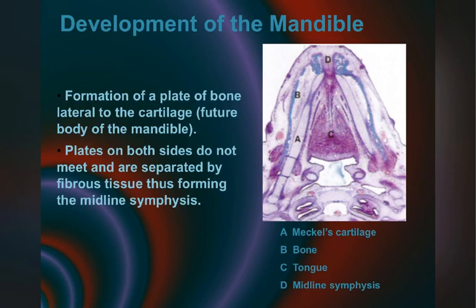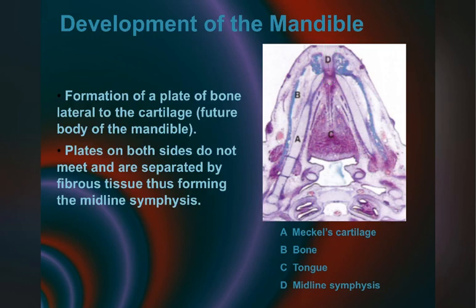Formation of a plate of bone lateral to the cartilage, which is the future body of the mandible. This is the future body of the mandible. It forms lateral to Meckel's cartilage. Plates on both sides do not meet and are separated by fibrous tissue, thus forming mandibular symphysis, which is letter D here.